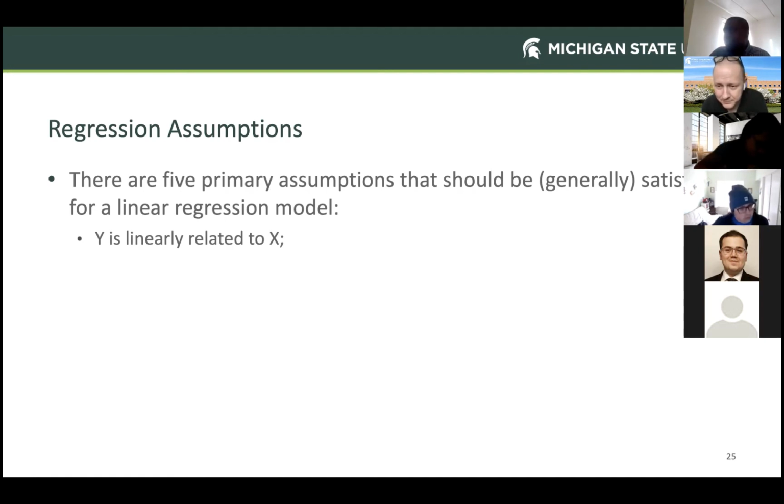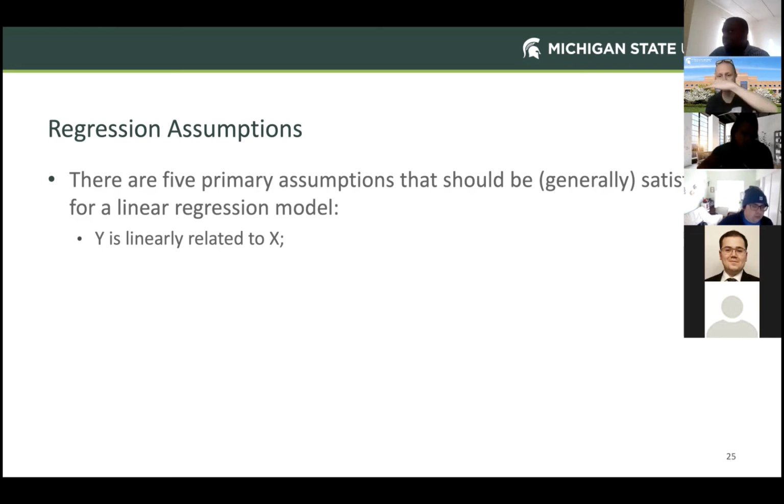We can simply plot y versus x, or we can plot the residuals. The easy thing would be to just plot y versus x. We could also look at the residuals. If we plotted the residuals versus y hat or versus x and that assumption were violated, we would see some sort of trend in the data points.